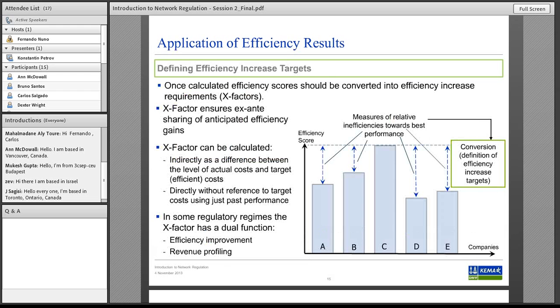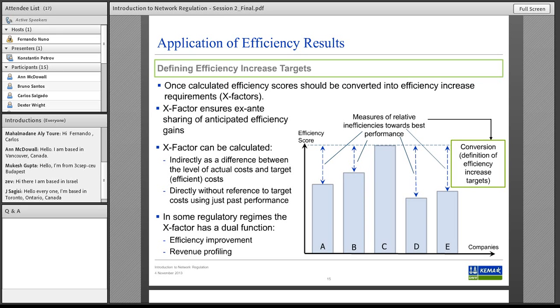And in simple terms now, again, going back to these topics, to the important questions, you can see, for example, 5 companies which have been analyzed for efficiency performance. And let's assume this example on slide number 15 now. We have one company which is called C. This company is very efficient, 100% efficient. And we have also several other companies which didn't exhibit this efficiency level, so they have been classified as less efficient.